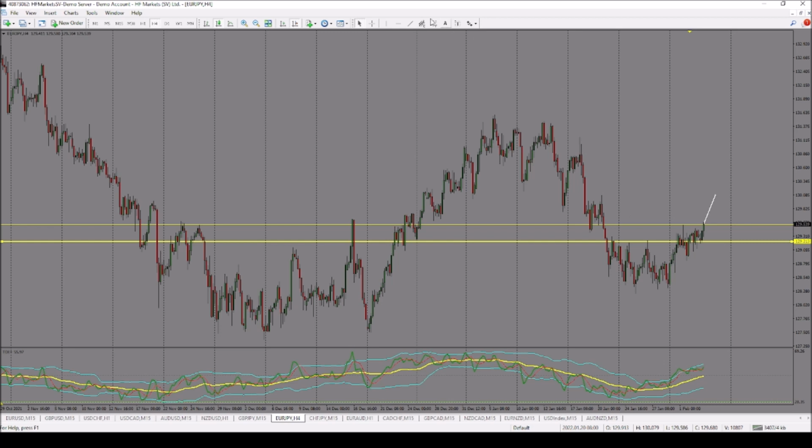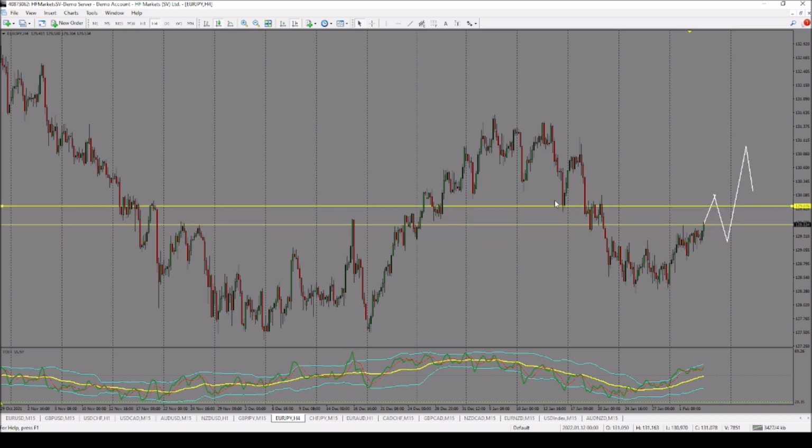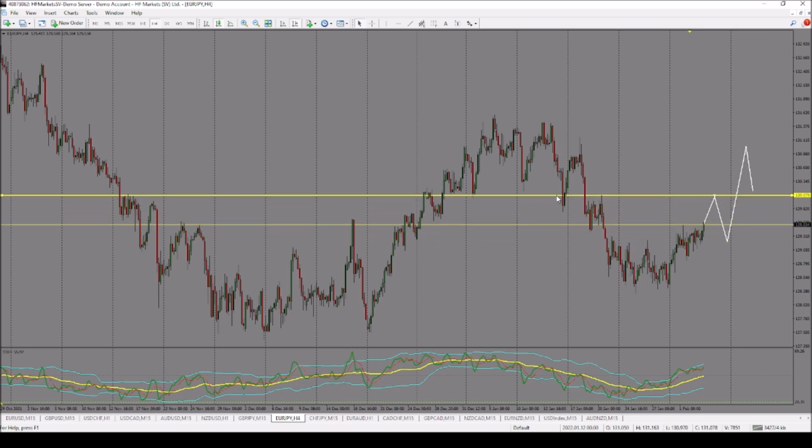So what we are now waiting for are the first high and first low of the market. Like this. This is proof, and at this point is where we will enter the market using this particular strategy.